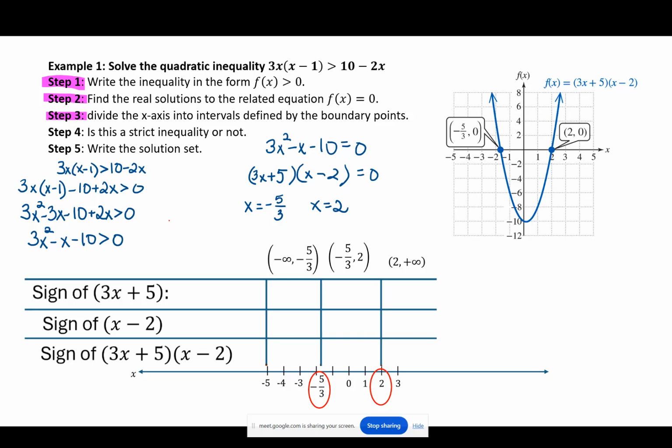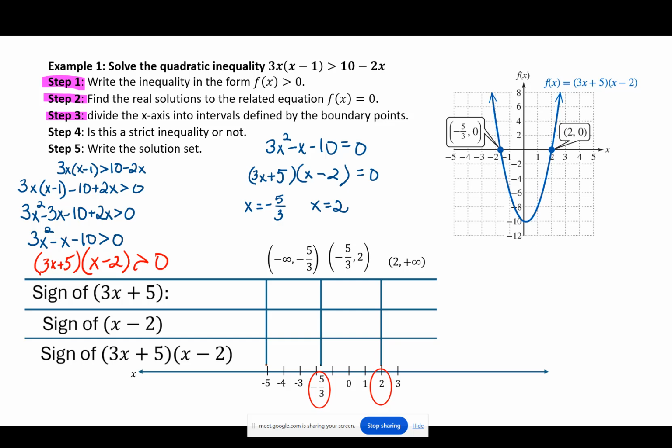So we're setting up these intervals and we're going to check the signs of the factors, because what we're trying to find out is when is 3x plus 5 times x minus 2 greater than 0. So looking on these intervals, when does that happen?